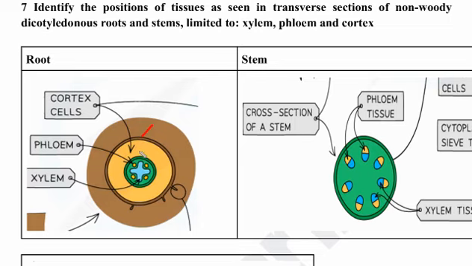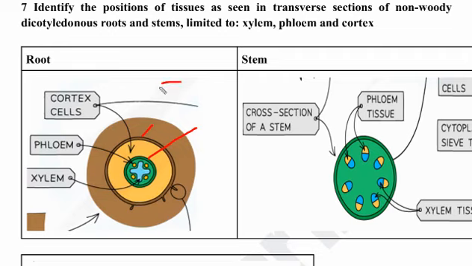Below the epidermis is the cortex, and below the cortex is this internal layer, the endodermis, and below the endodermis the vascular bundles are present, as you have already discussed in the pathway of the uptake of water from root hair to the part of the plant. This star-shaped internal structure is called the xylem, and the outer structure is called the phloem.